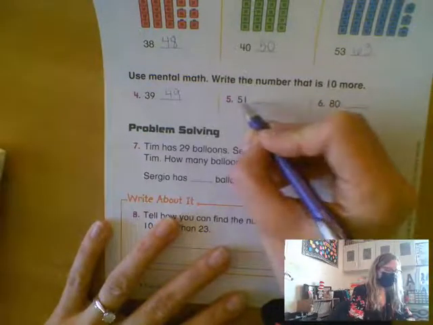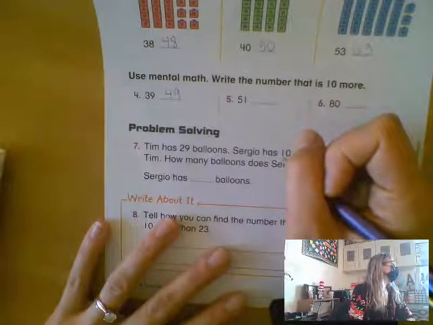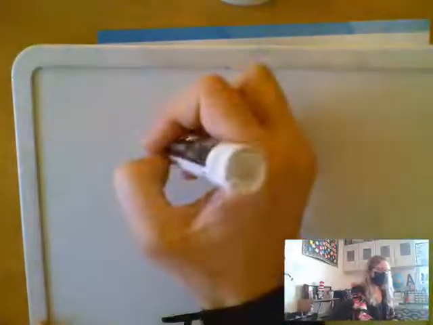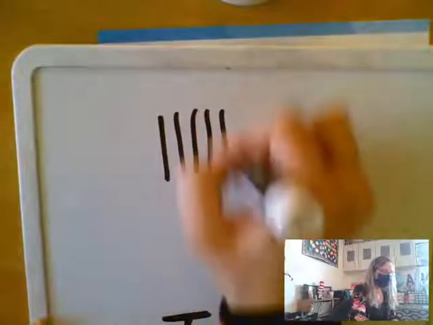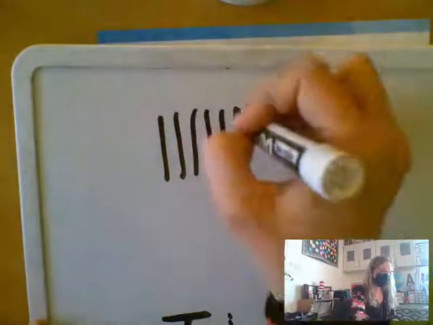Emma, I've got 5 tens and 1 one. Add a 10. What would I have? Think about it like this, Sugar. Look at the board. I have 5 tens, 1, 2, 3, 4, 5, and 1 one. Okay? 10 more would be another 10.